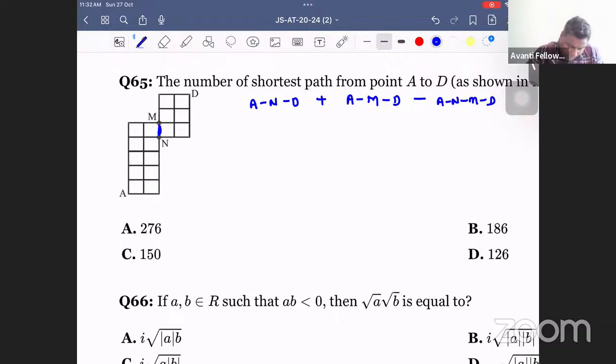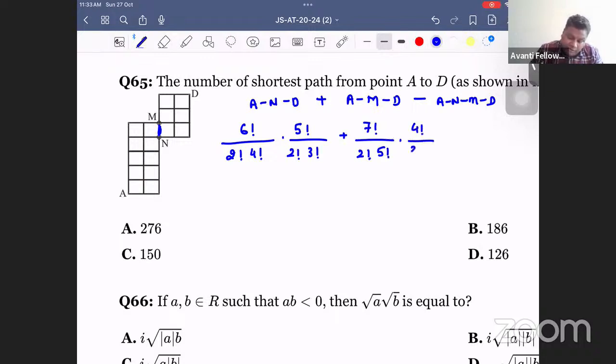Now A to N will be 1, 2, 3, 4, 5, 6. See, 2 horizontal sticks, 4 vertical sticks. So 6 factorial upon 2 factorial 4 factorial multiplied by N to D, that is 5 factorial upon 2 factorial 3 factorial, plus A to M: 7 factorial upon 2 factorial 5 factorial into M to D, that is 4 factorial upon 2 factorial 2 factorial.